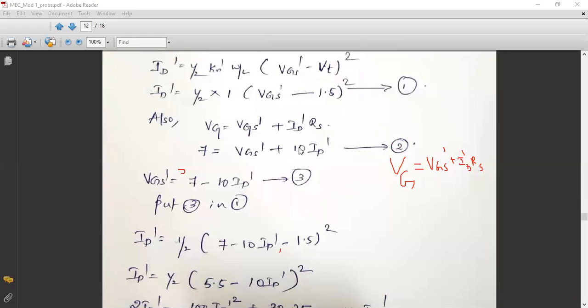RS is 10 kilo ohm. Again, I'm not converting this kilo ohm into ohm because I'm expecting my current in milliampere itself. I need to take simple equations. Don't go for complicated equations. So keep your resistance in kilo ohm itself, 10. So 7 minus 10 ID dash. Is that clear for you? Please respond. Is that clear for you?